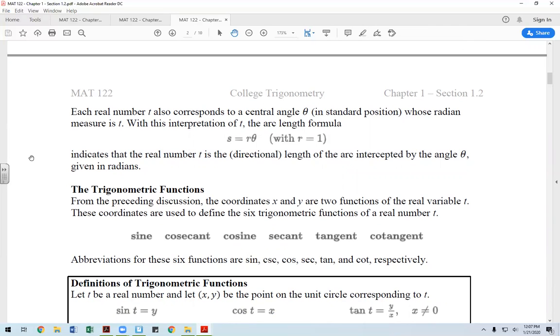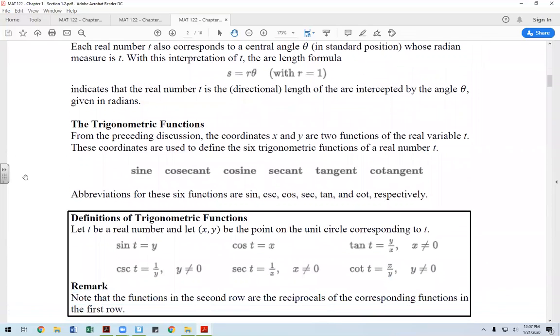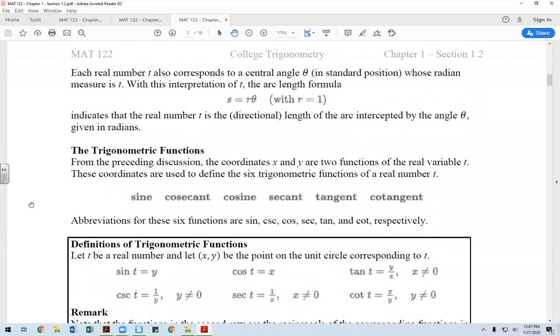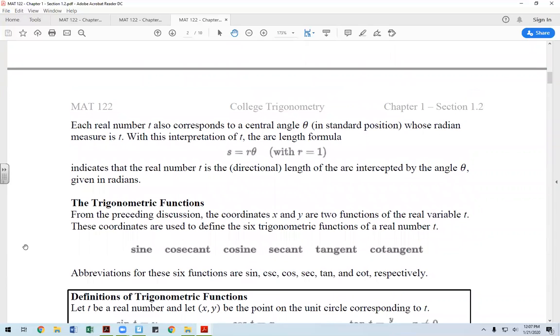We had talked about this a little bit also in section 1.1. So that real number t, from our number line, is also going to be the length of the arc that is being intercepted by this angle theta. And in general we're thinking of our angles in radians for the most part.